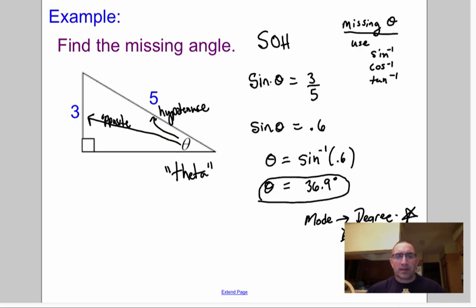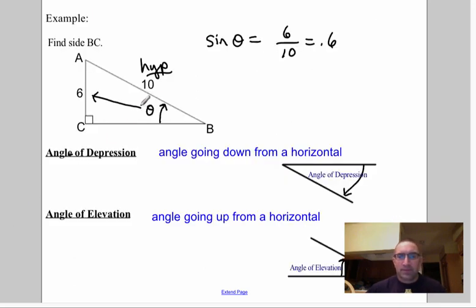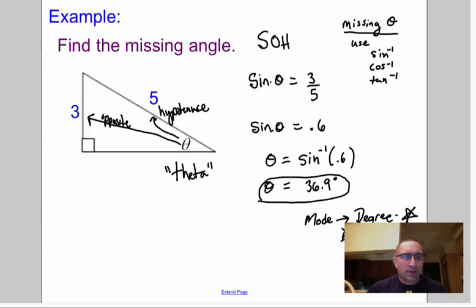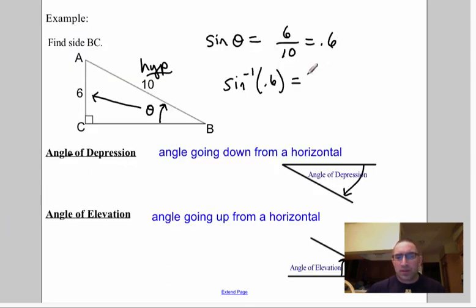Let's look back. Close. So that's the 0.6 again. And so we do the inverse of 0.6, and I think early on we saw that that was 36.9. So a repeat problem. Sorry about that, folks, but that's quite okay.